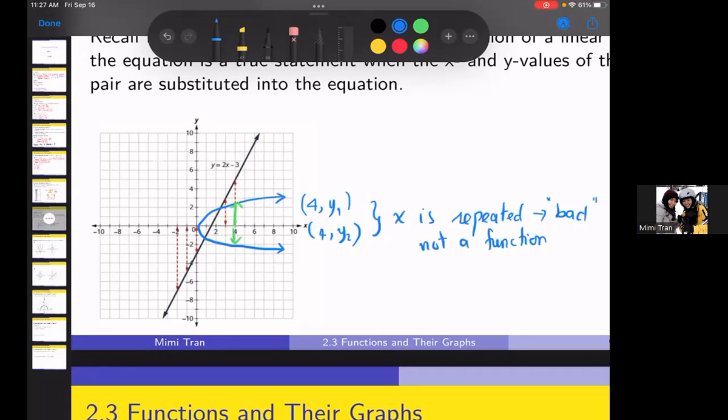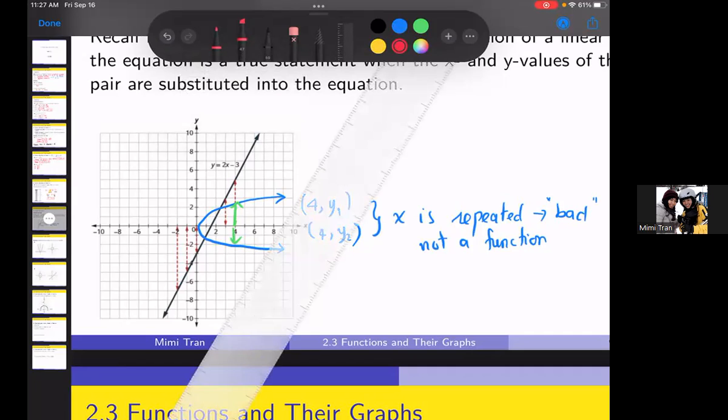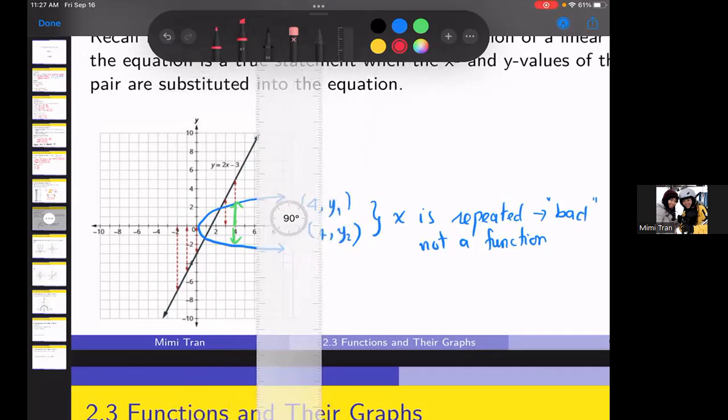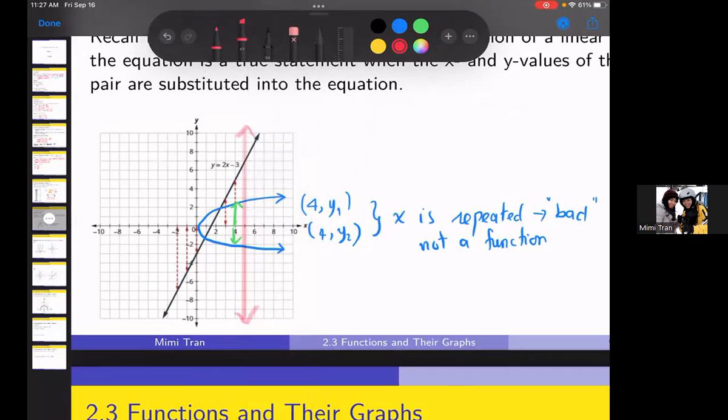Now, if I draw a vertical line test, let me do it in red. An arbitrary vertical line test anywhere. Maybe I'll choose this one right here. It doesn't matter. How many times does it cut the black line?